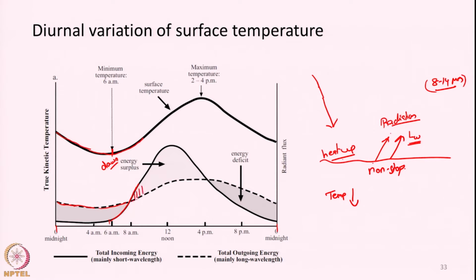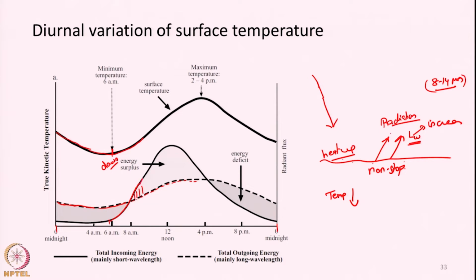Whatever the earth is radiating, that is fine, but the incoming energy is more than that. The earth surface is being heated up by solar radiation. As solar radiation heats up the earth surface, the temperature will rise and this radiation will again increase, because as temperature rises, more radiation will go. We have seen in Planck's law that increased temperature leads to increased radiation.